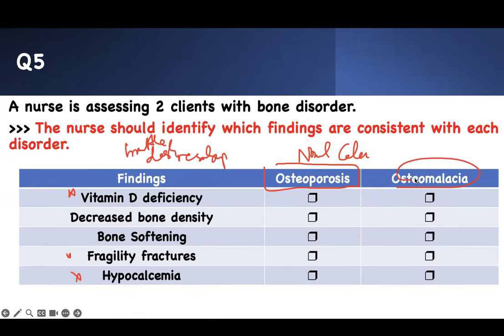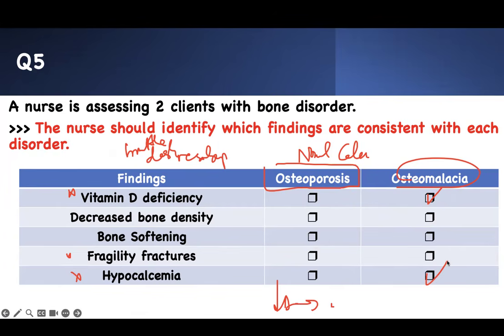The bone is soft, right? And it's due to what? Vitamin D deficiency. You cannot absorb calcium in the GI tract and the kidney. So vitamin D deficiency leads to a calcium absorption problem. If you have vitamin D deficiency, you're going to have what?